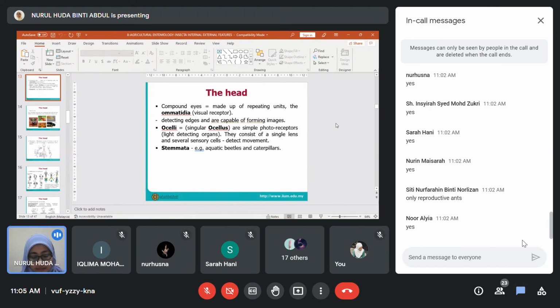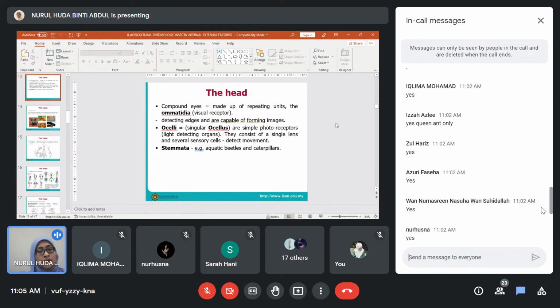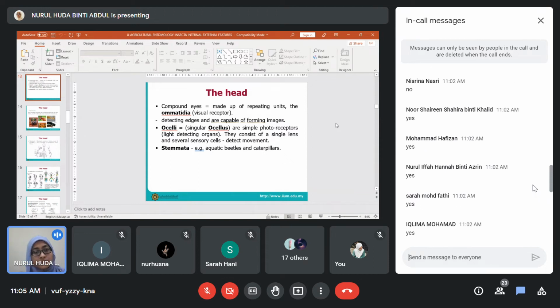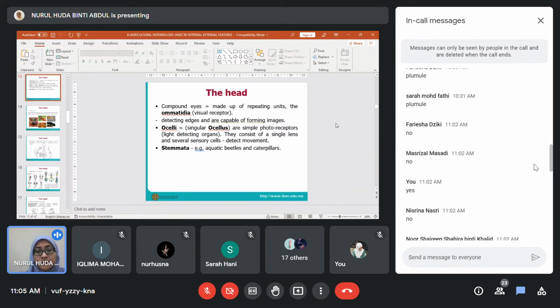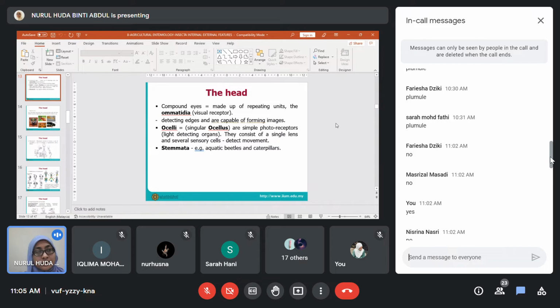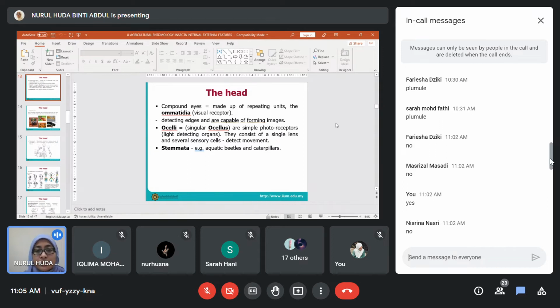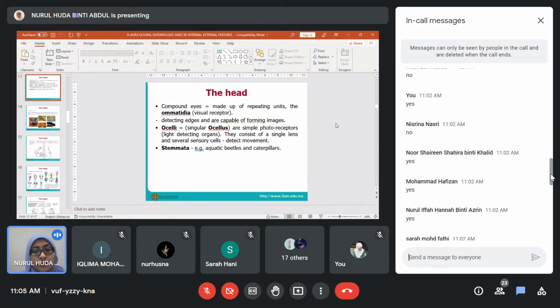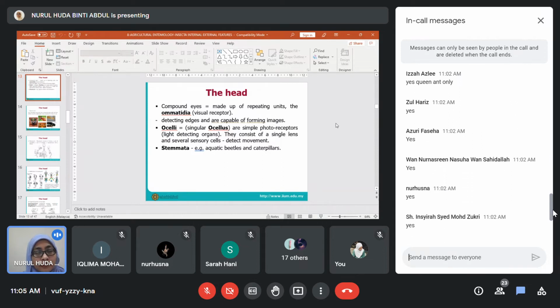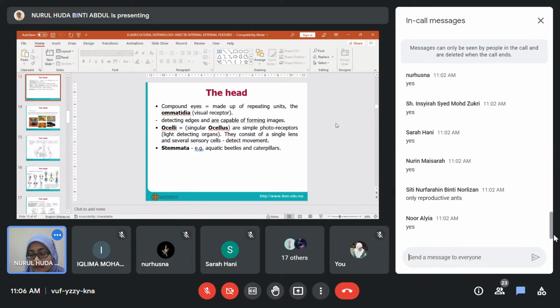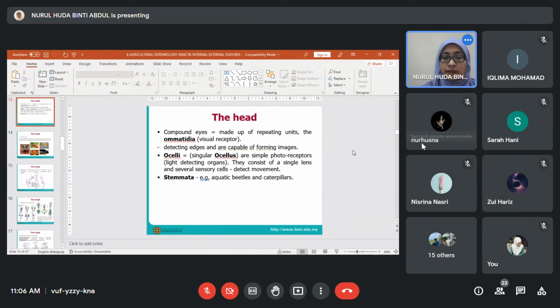But if you talk about function, the function is more like ocelli, detecting light and detecting movement. Based on the light changes, it can detect movement.